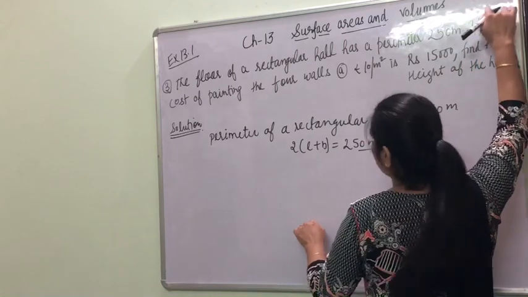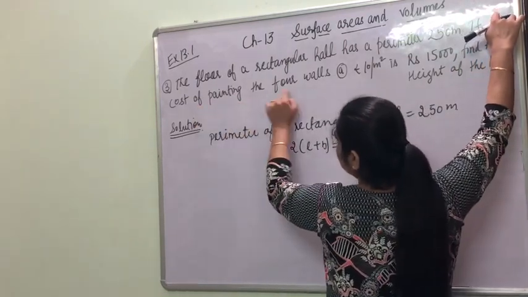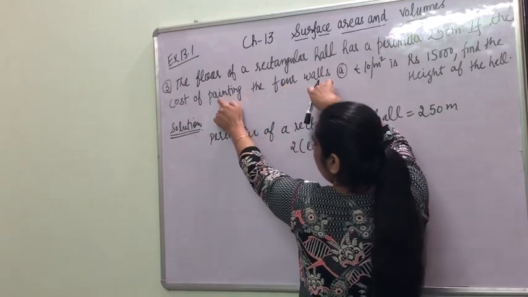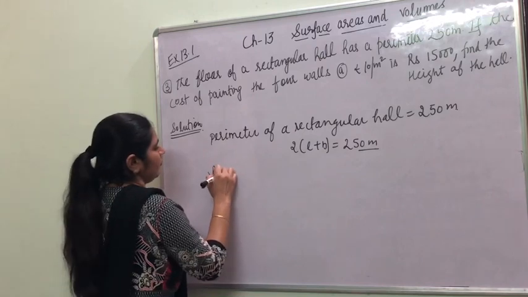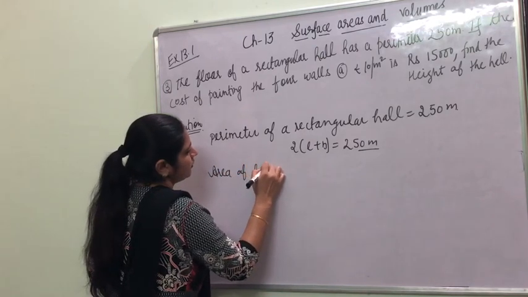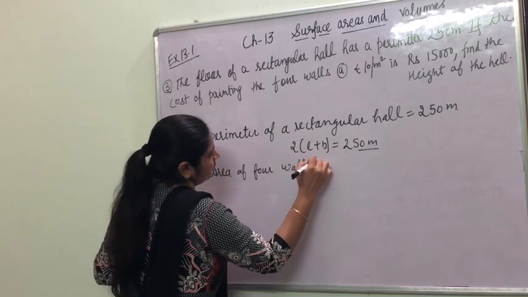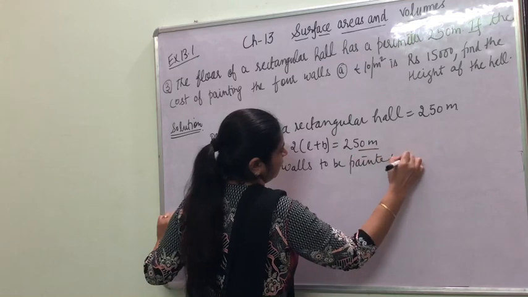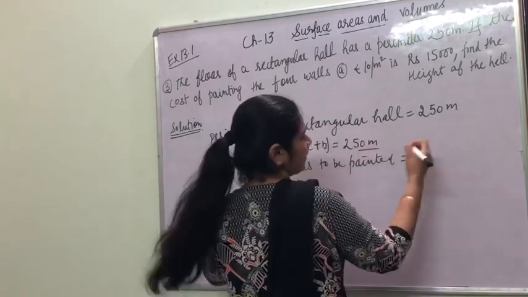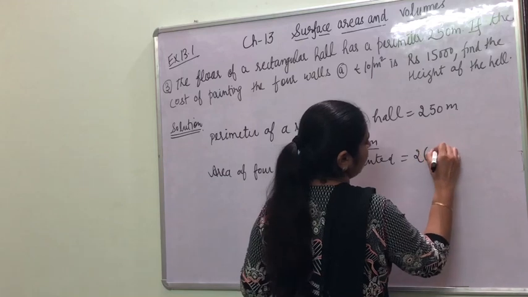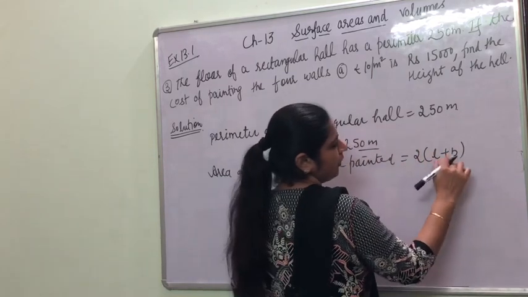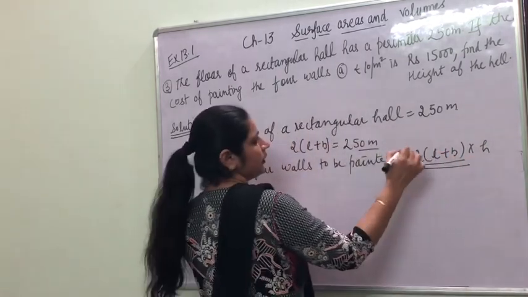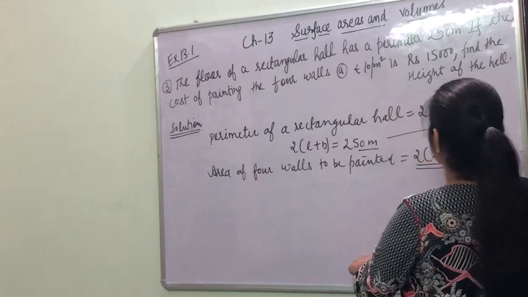Now move to the next line. What they are saying: the cost of painting the 4 walls, what is the requirement? Here we have to paint 4 walls, so the area of the 4 walls to be painted means lateral surface area, and the formula of the lateral surface area is twice of L plus B multiplied by H. But this value is already given to us: 250.